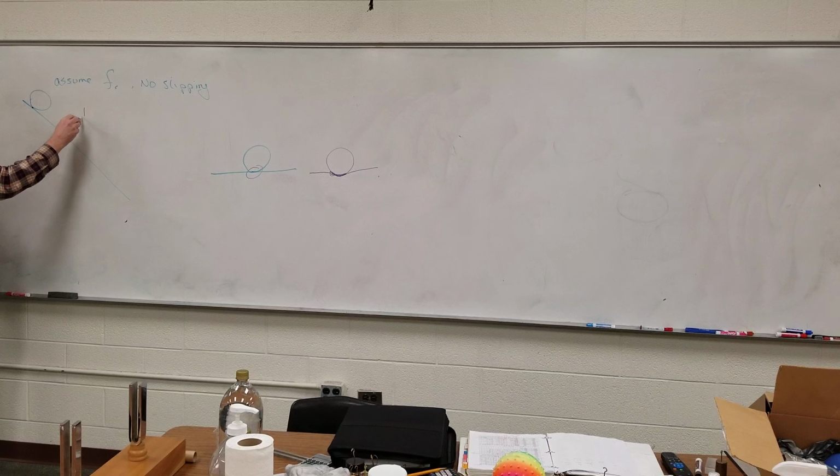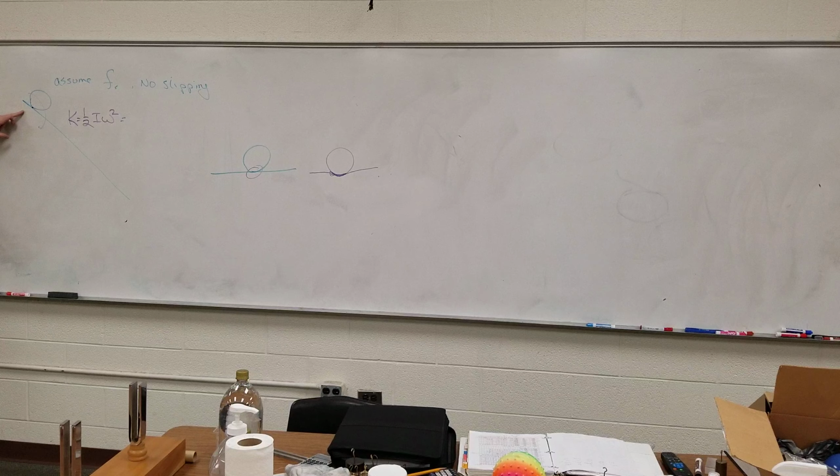My kinetic energy is 1/2 I omega squared, where omega in this case is the angular speed about the pivot point. Well, we have a moment of inertia about some point that's not the center of mass.